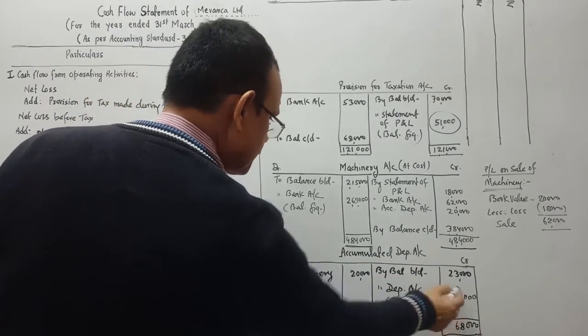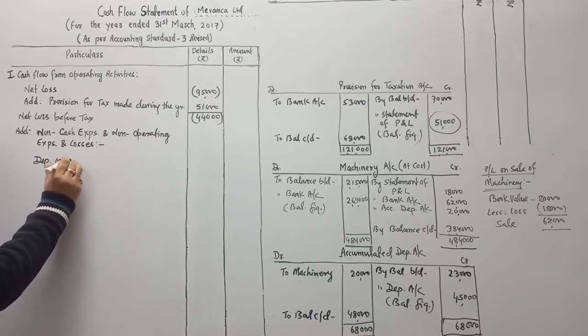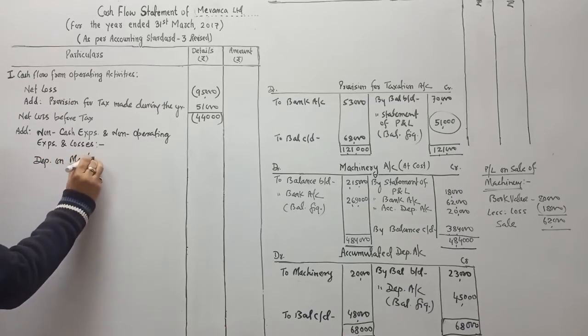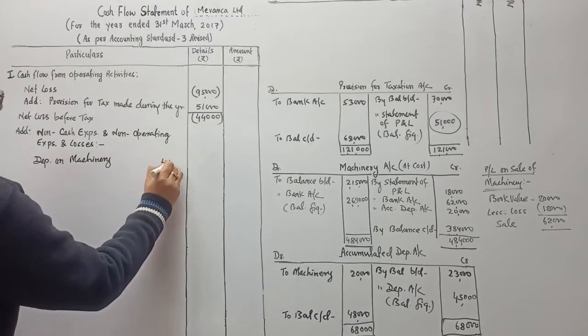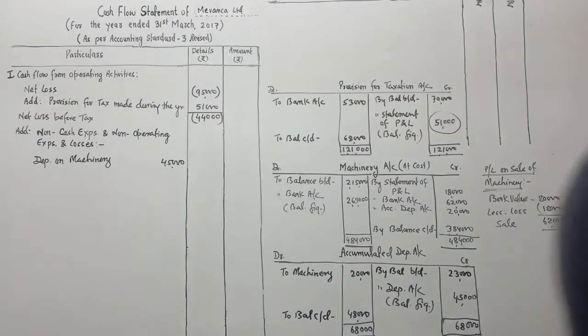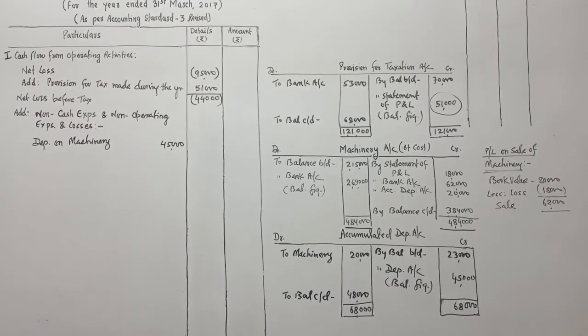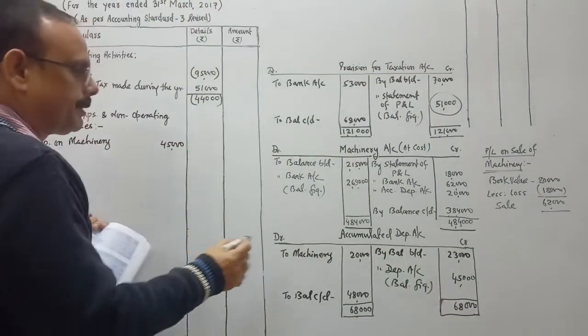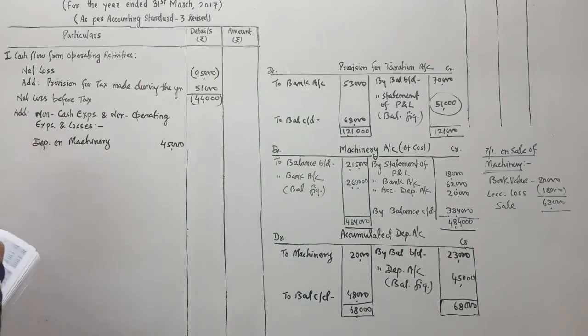Depreciation charged on machinery, as we have calculated, is 45,000. So add the depreciation on machinery.